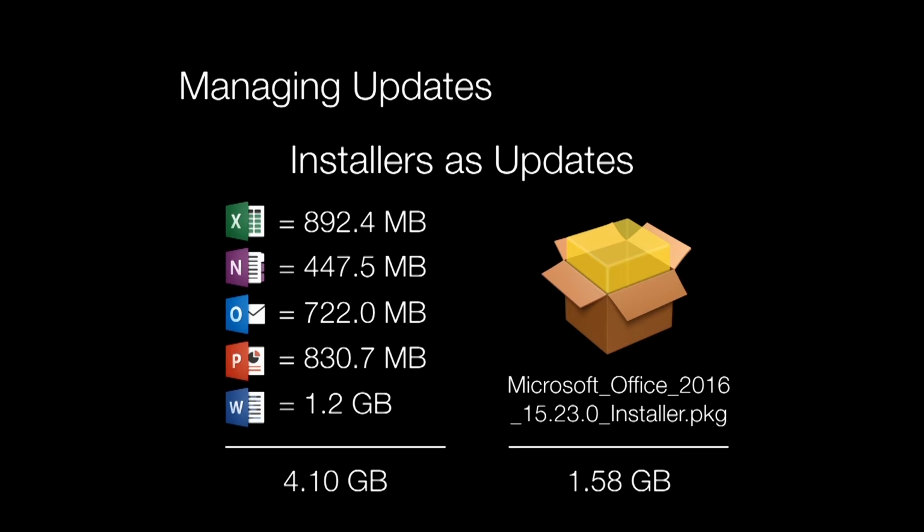So for example, use the individual installers to update OneNote and Outlook. Those are the two smallest packages you'll see, and they're about 1.15 gig. But if you add a third package to that, use instead the full Office installer as the update, because it's going to be 1.5 gig, which is smaller than any 3 of these individual updates combined.